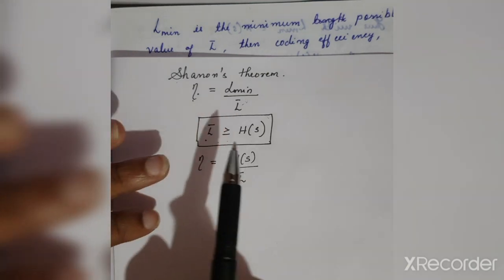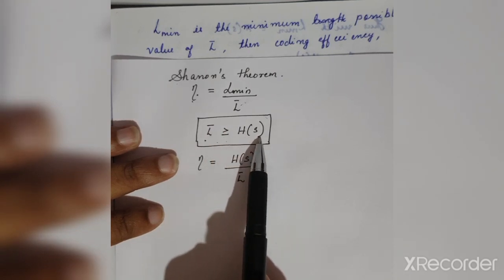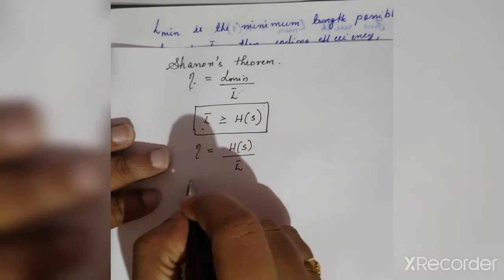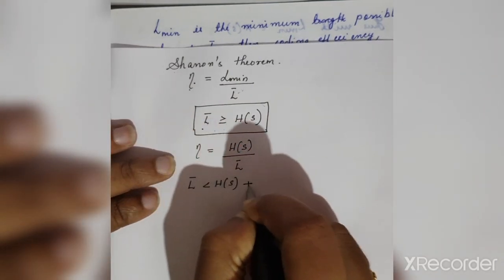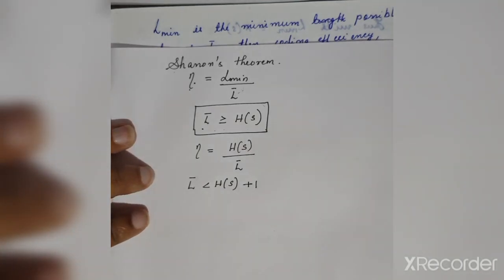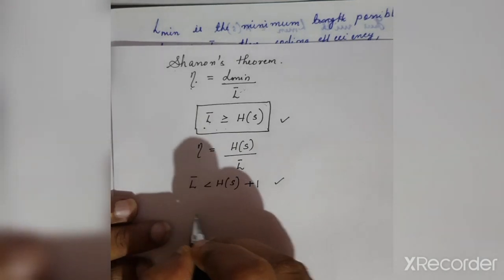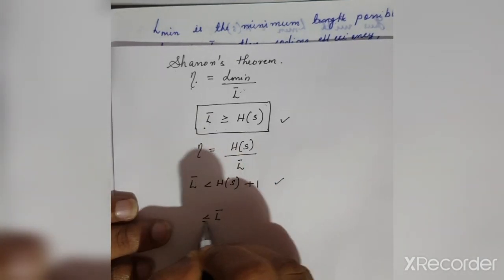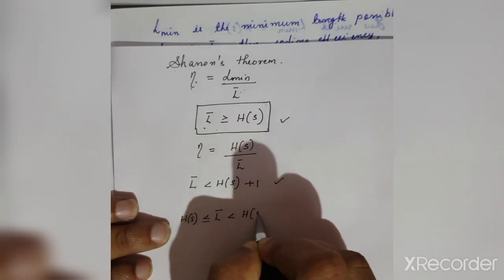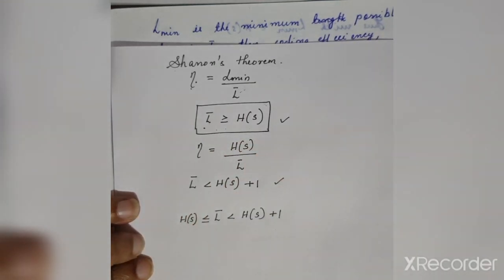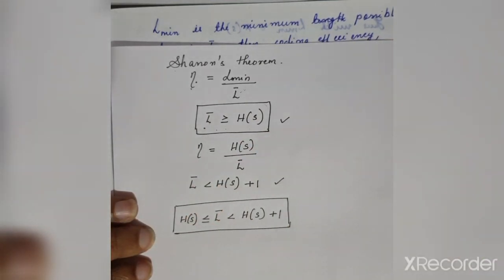And one more thing: if L bar should be greater than or equal to H of S, then L bar should always be less than what? H of S plus 1. So combining these two bounds, L bar should be greater than or equal to H of S, but less than H of S plus 1. This is the complete statement for your source coding theorem.